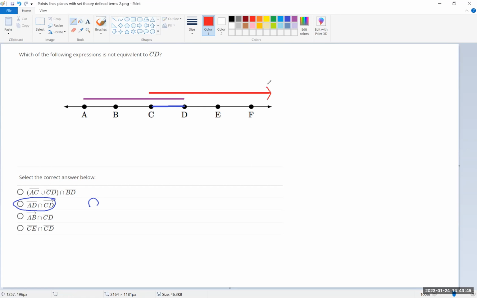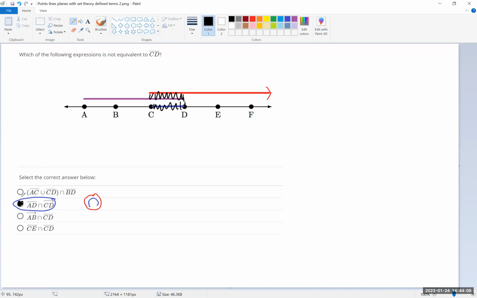Now the intersection given by this symbol is the thing that the purple and the red have in common. Well, the purple and the red have this region in common, which amounts to this. So that's correct. We can go ahead and fill it in, or you can check mark it.